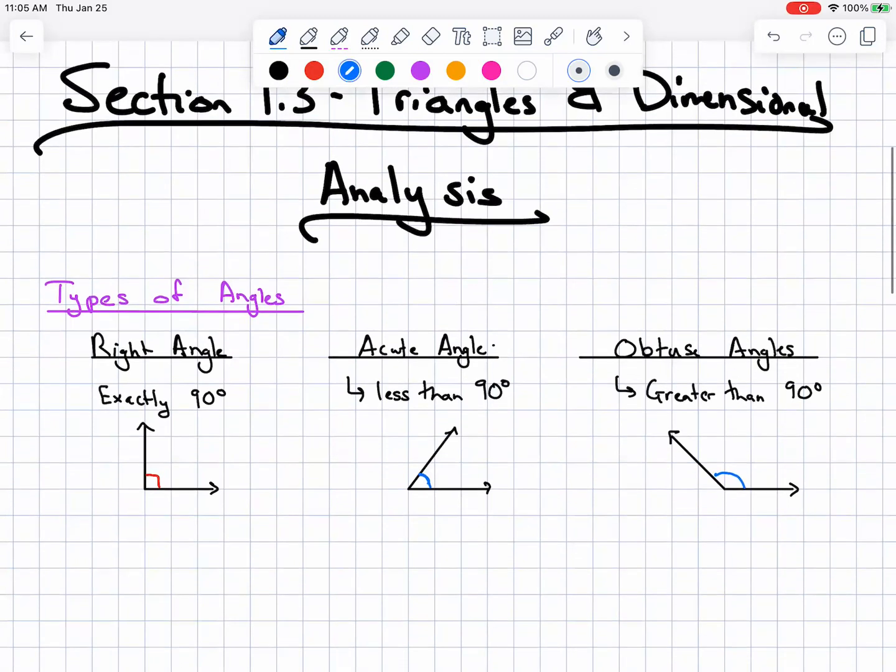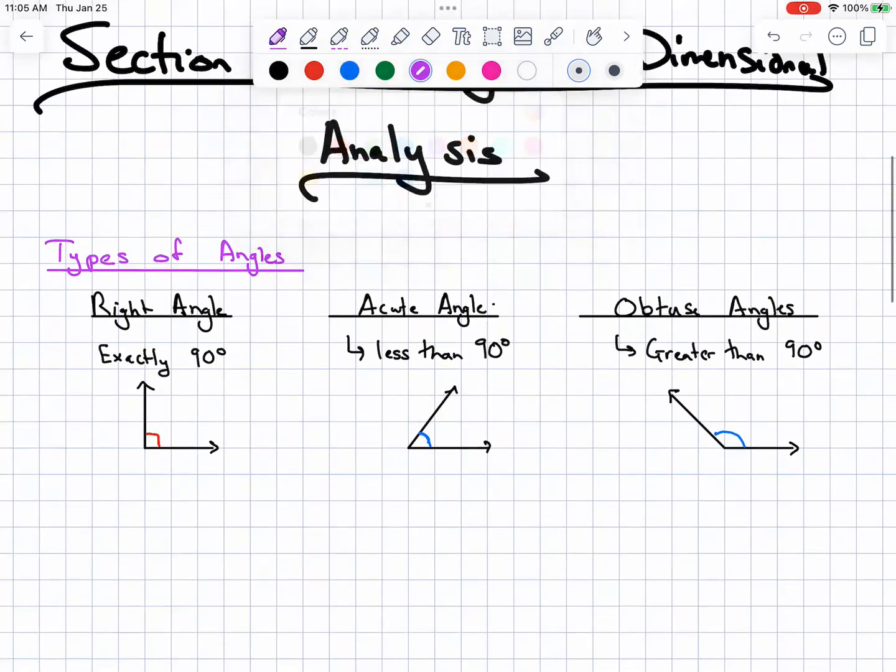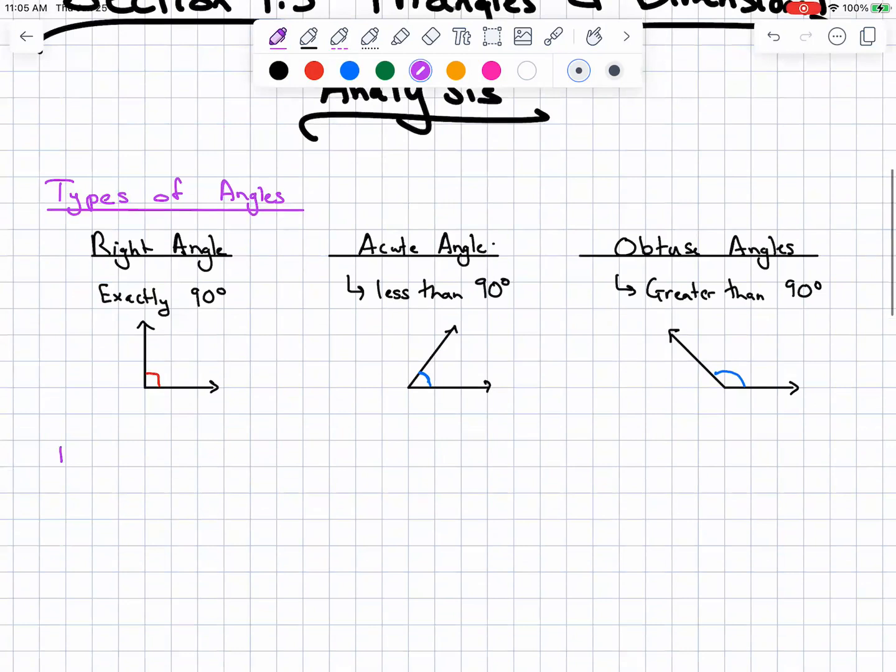So then we have the triangle classifications. Now there are two different ways we can classify triangles.